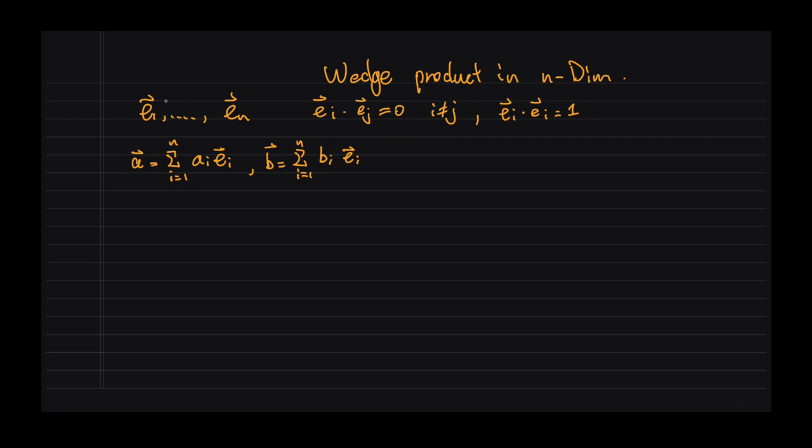So we have an orthogonal basis from E1 to En, and they are orthogonal to each other, and they are also normal with itself, which means they have length 1. And we can express any vector in these bases in n dimensions. Let's say A is the sum of the Ai Ei, and B is also the sum of the Bi Ei.